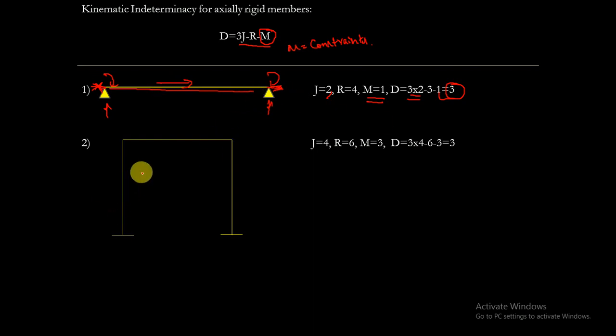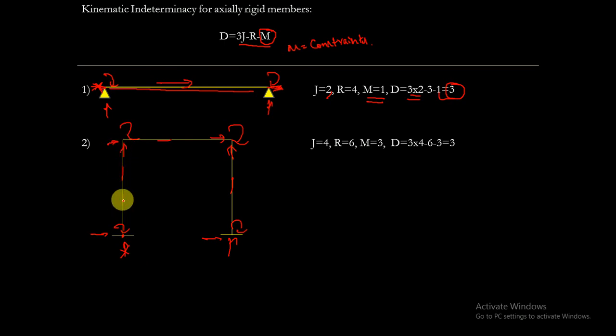Suppose let us take this frame. These members are axially rigid: this member is axially rigid, this is axially rigid, and this is also axially rigid. At each joint there will be 3 degrees of freedom. So we need to deduct one horizontal displacement.